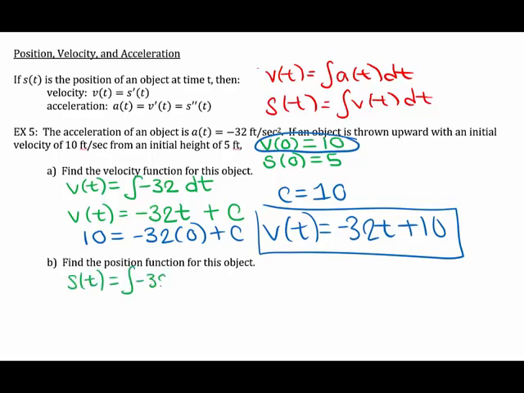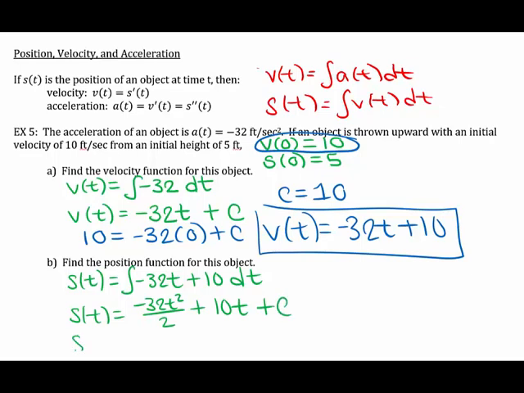Now in part B, they ask us to find our position function. To find position, we are going to integrate our velocity, again with respect to time. So let's see, that would be negative 32t squared over 2 plus 10t, and then again plus that c. Now once again, we know the initial position.